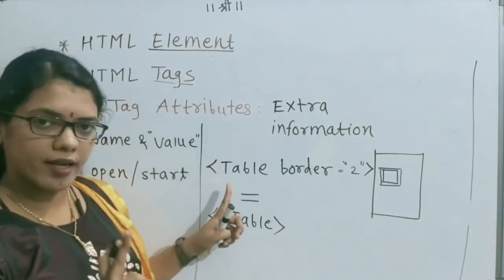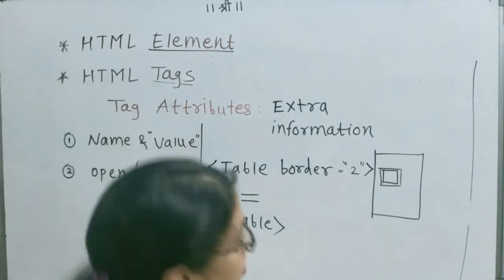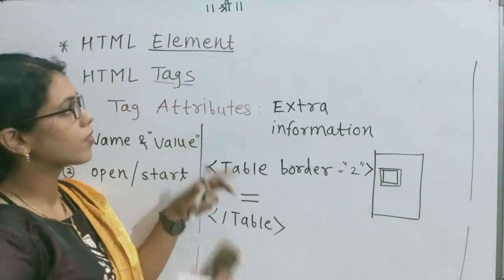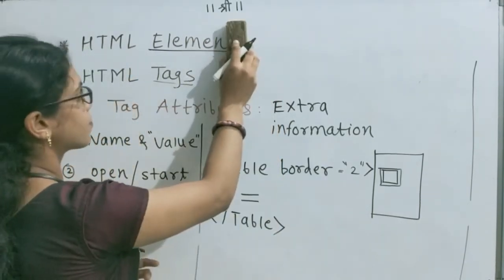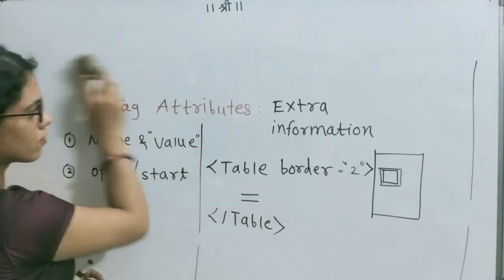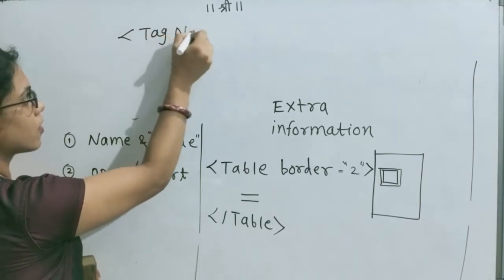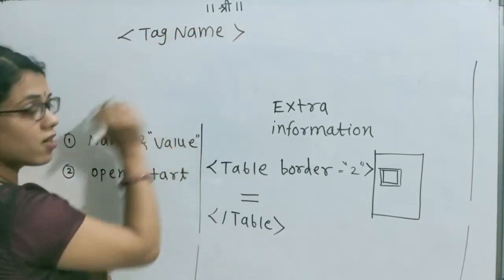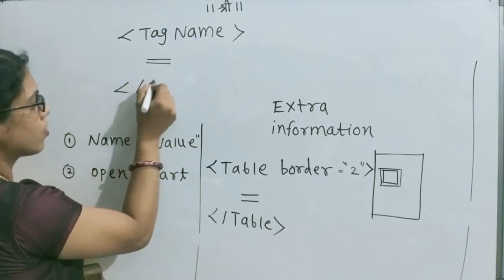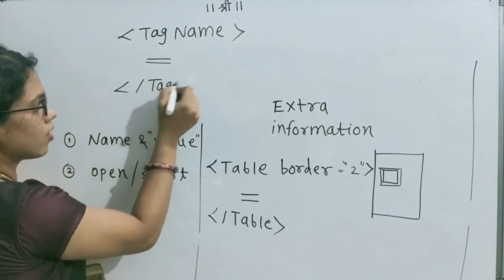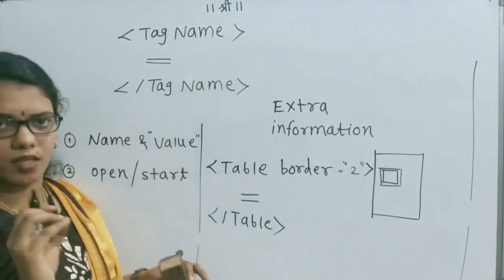Now we have to write the syntax for the attribute concept. For HTML tags, first we write the tag name, angle bracket complete, then some element content, then the closing tag with forward slash and tag name. This is a simple declaration of any tag.